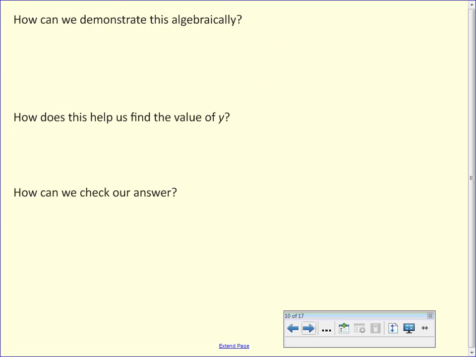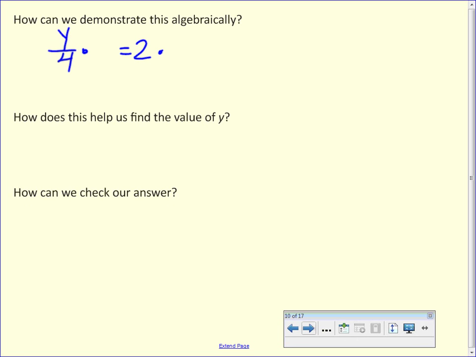Now, how would we do this algebraically? Well, if it's y divided by 4 equals 2, what's the inverse operation of division? Multiplication. So I have to multiply both sides by what to find the value of y? Right now, y is being divided by 4. I want to put it back together.